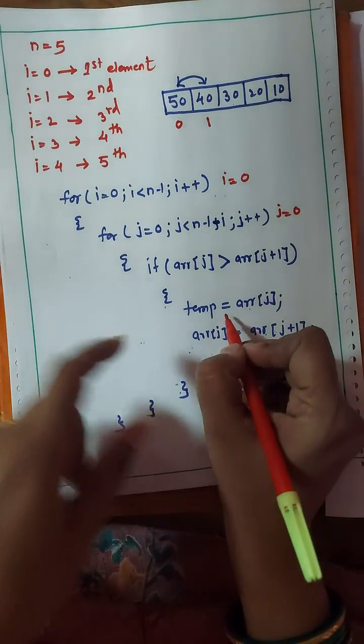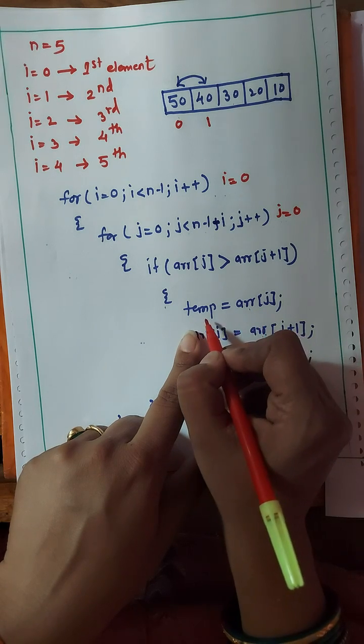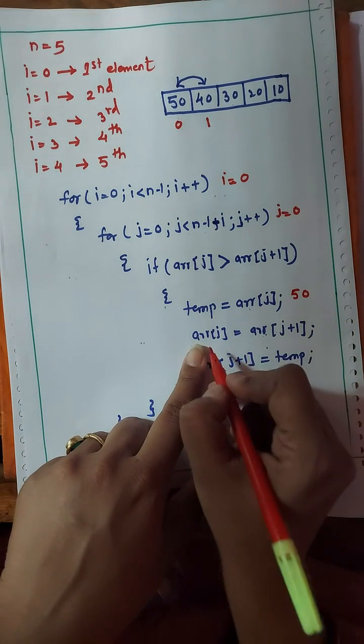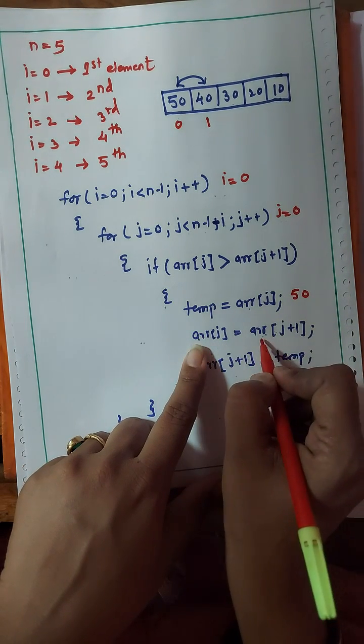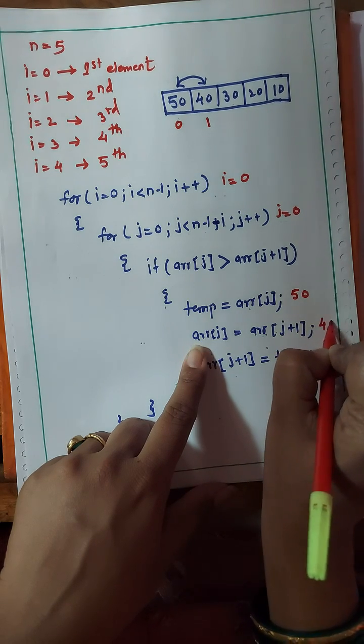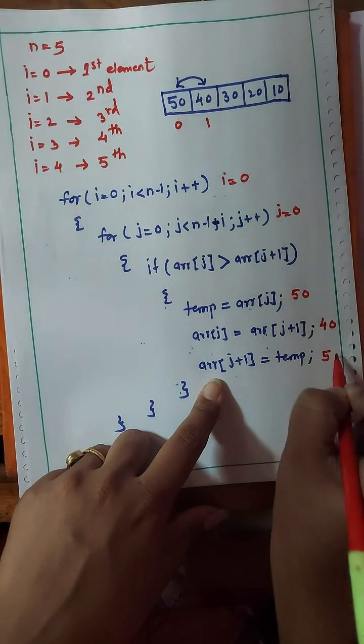It assigns ARR of j to temp, that means it assigns the value 50 to temp. Now ARR of j is assigned ARR of j plus 1, that means it assigns the value 40, and ARR of j plus 1 is assigned the value of temp.